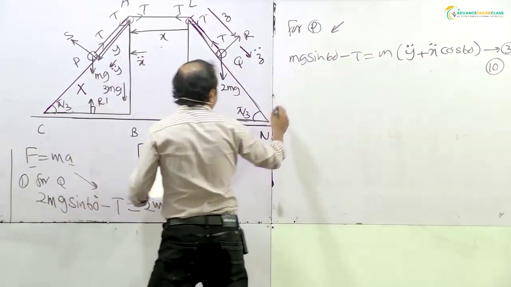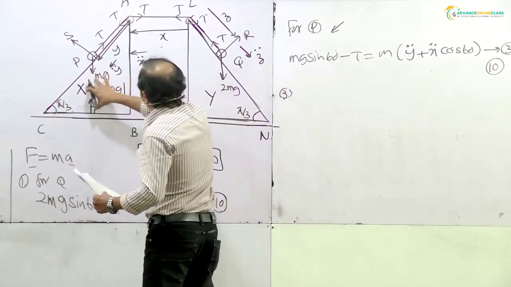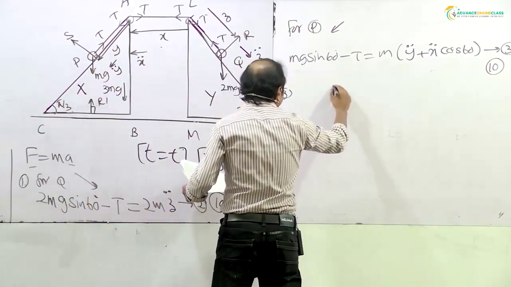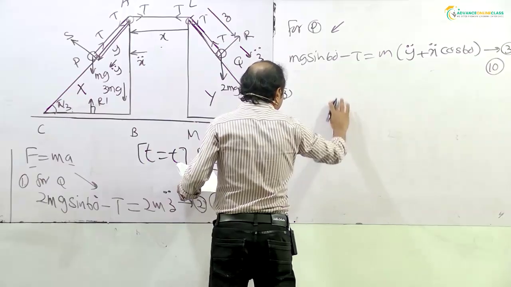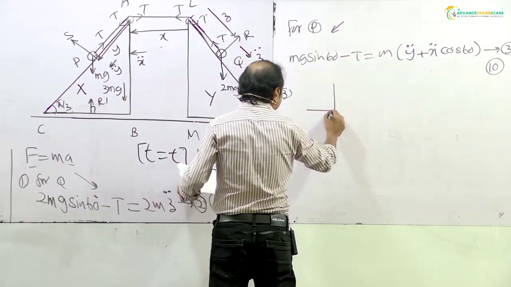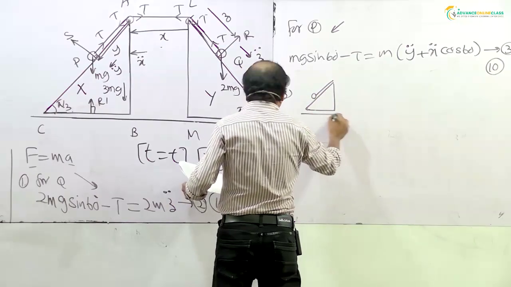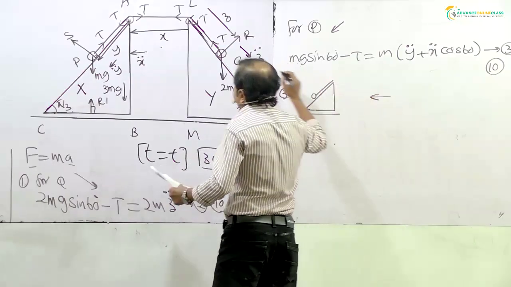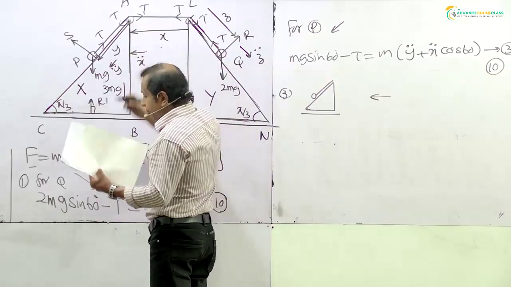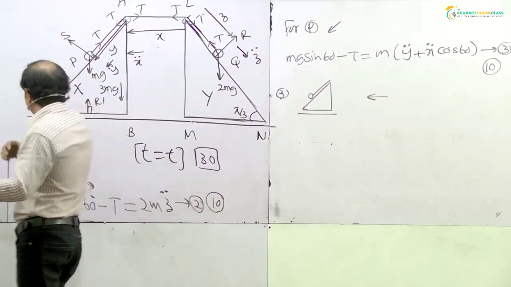Right, next one, the third one. For this wedge and the particle P, we take both as one object.